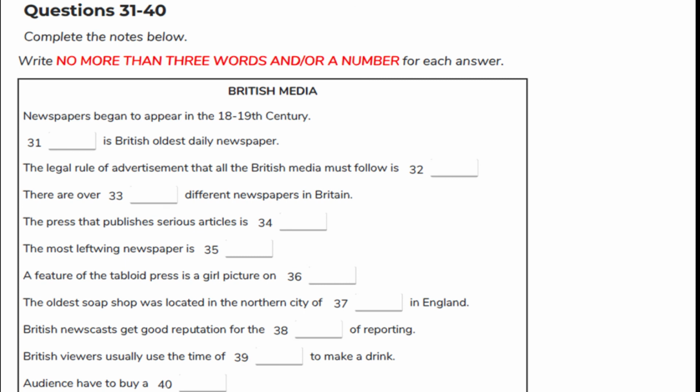BBC One specialises in shows with broad appeal, such as sport, entertainment, drama, kids' shows and current affairs. BBC Two caters for special interest audiences, and so broadcasts documentaries and shows aimed at particular social groups, such as the elderly, handicapped, homosexuals, and so on.